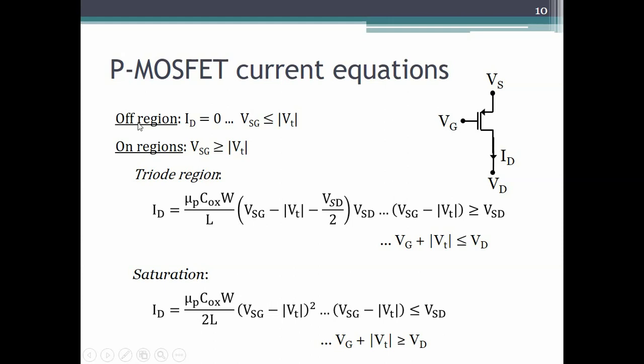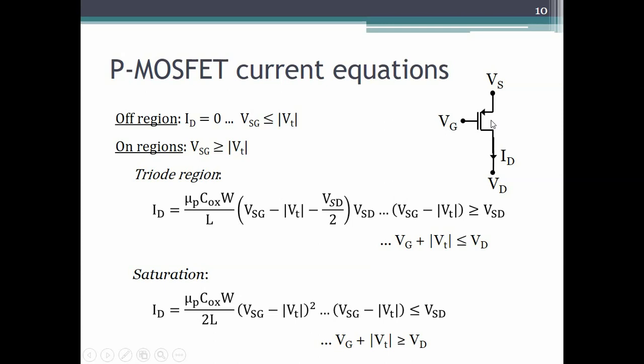Okay, so for a PMOS, if the source-gate voltage is less than or equal to the mod of the threshold voltage, then the transistor is off. The threshold voltage of a PMOS is negative, because the PMOS has an N-type substrate and you want to attract holes to the surface to form the inversion layer, and to attract holes you must apply a negative voltage at the gate.